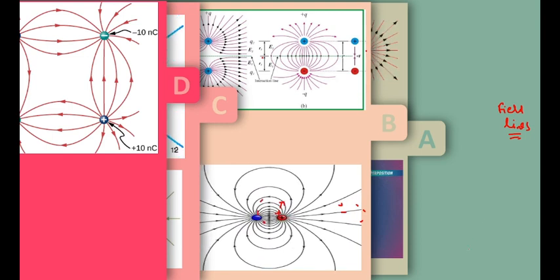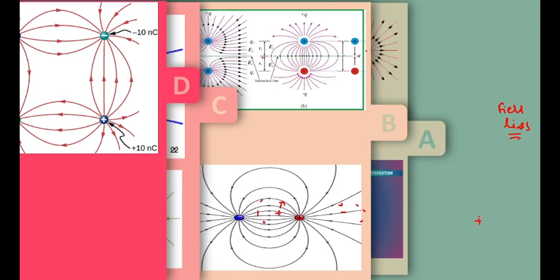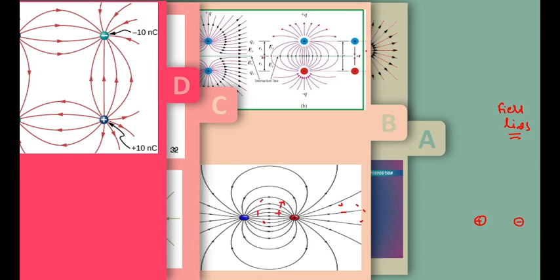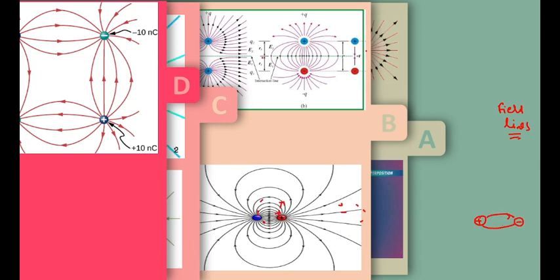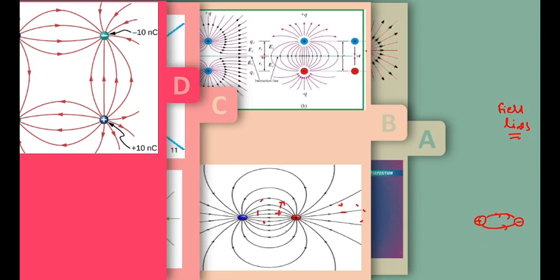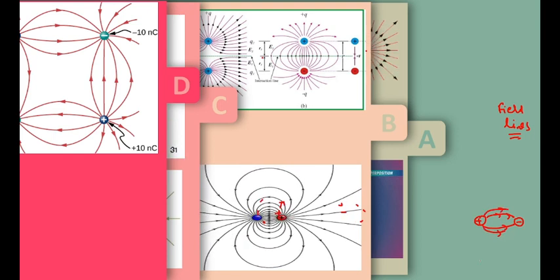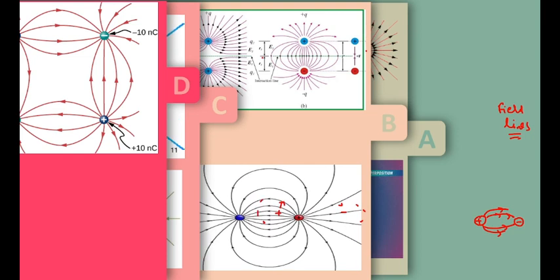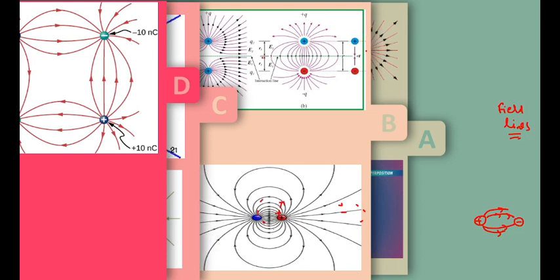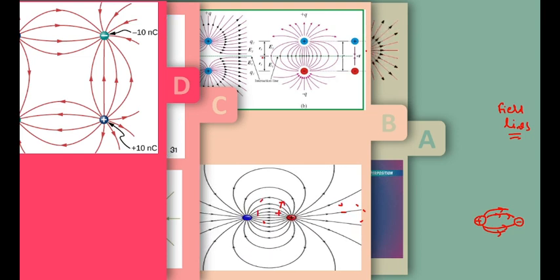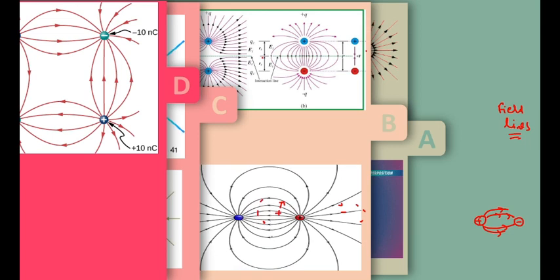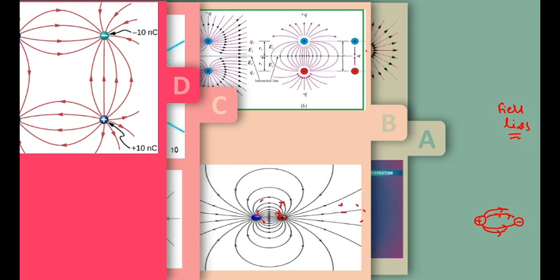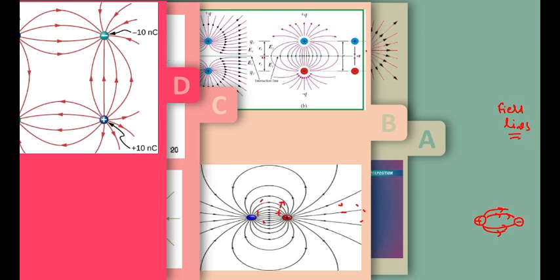Now this diagram is quite indicative of the graphics that you are seeing below. Here, when the positive charge is coming closer to the negative charge, you can see that the lines are coming closer to each other. In that sense, we will remember that electric field line density, the number of lines per unit area, represents electric field strength. So when the two charges are closer to each other, electric field strength is increasing.